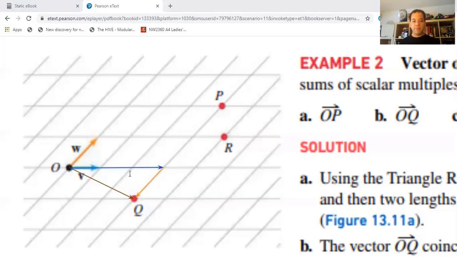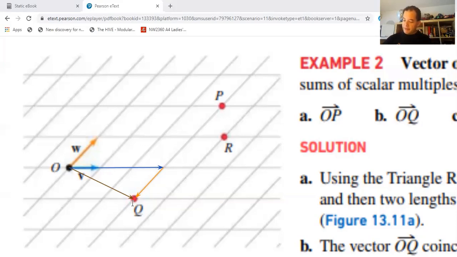And if we follow that path, we do OQ. So what is OQ equal to? According to what we just did, is 3 times V minus W, right? Or plus -1 times W, that we like to call it minus W. Okay? All right? Questions so far?